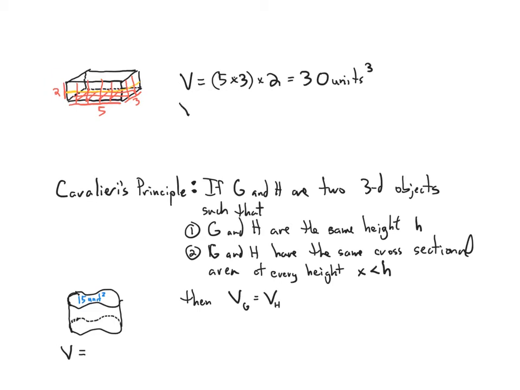So we can write volume as, I'm going to write it like this, length times width times the height. Or if you like, you can simplify this and say it's the area of the base times the height.